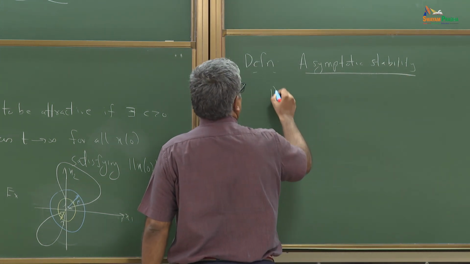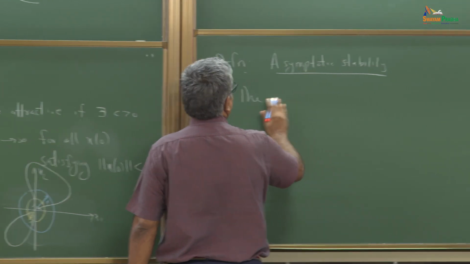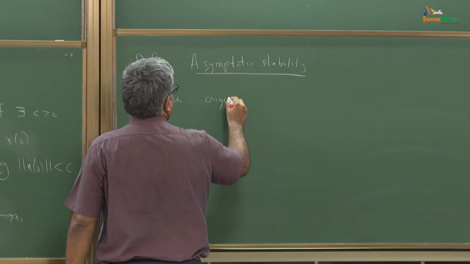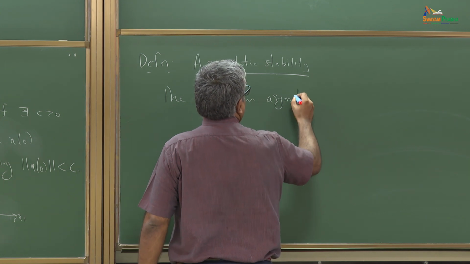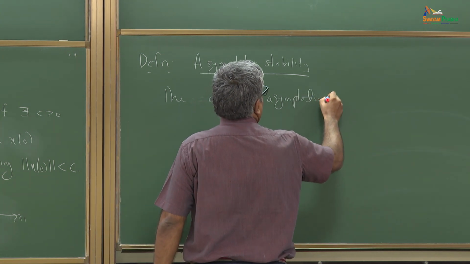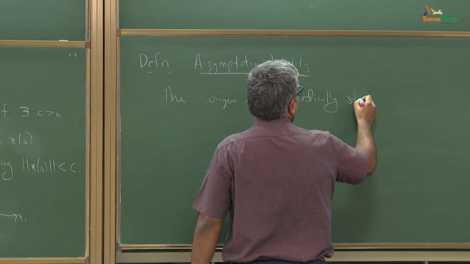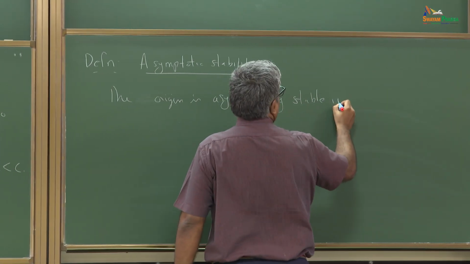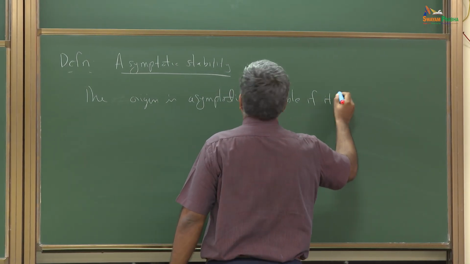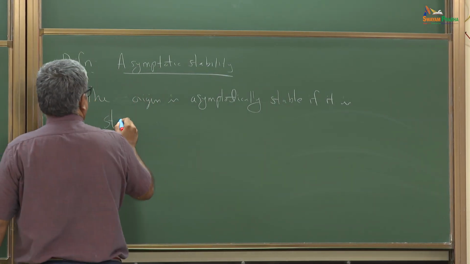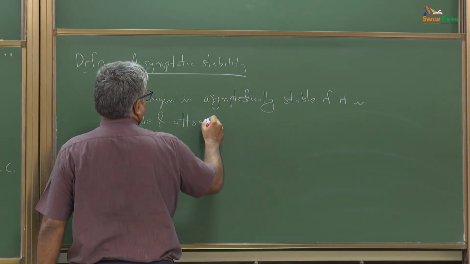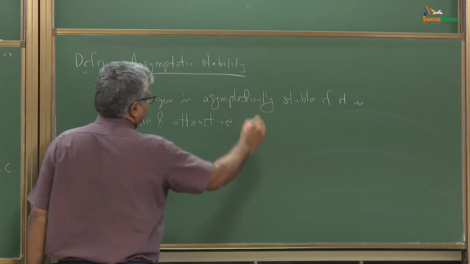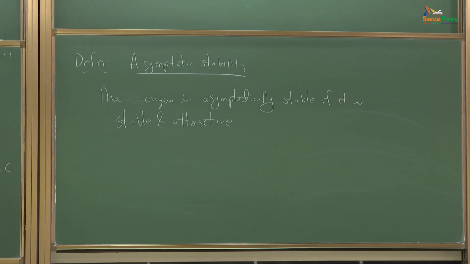The origin is asymptotically stable if it is stable and attractive, both. So this is a strong notion now.